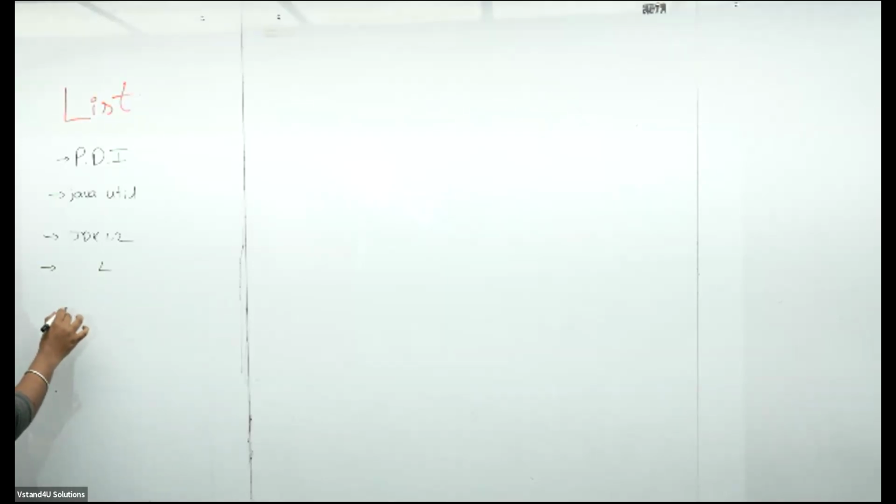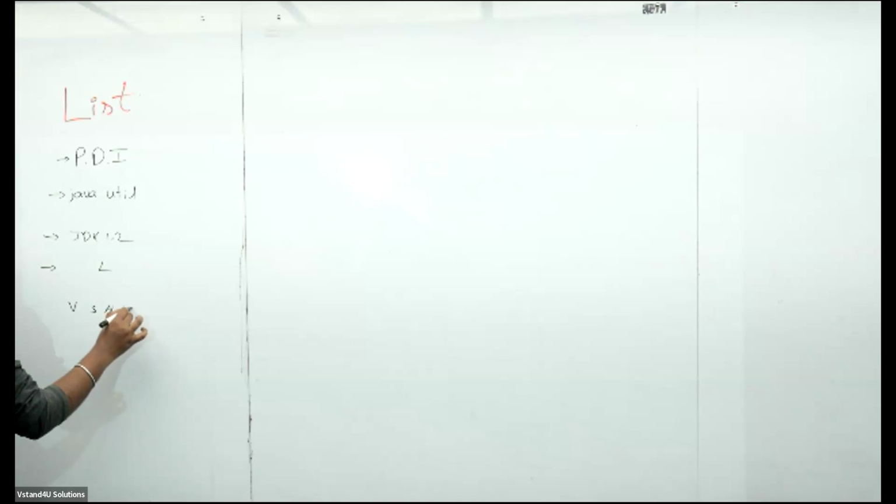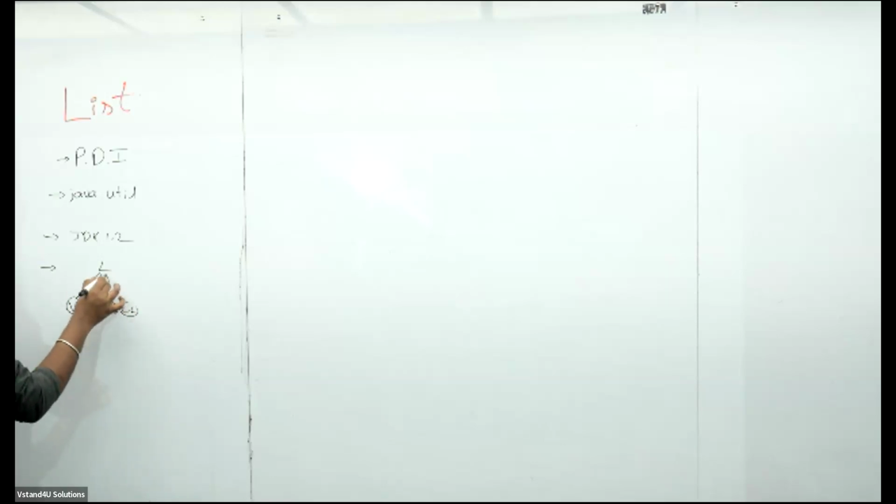What are the four subclasses? Vector, stack, array list, another one, linked list. And these are the subclasses for the list.